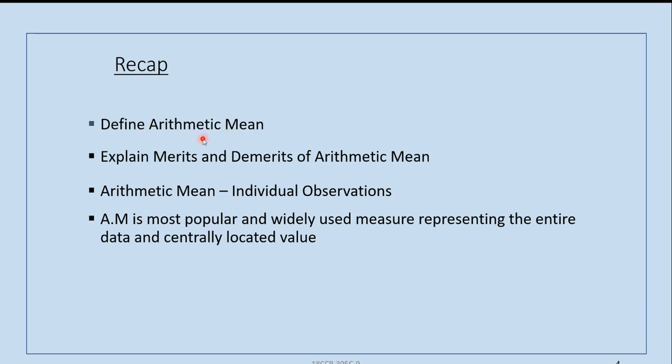The arithmetic mean is the measure of central tendency which lies somewhere around in the middle of the series given. So we have also seen what are the uses of arithmetic mean, what are the merits and demerits of arithmetic mean.